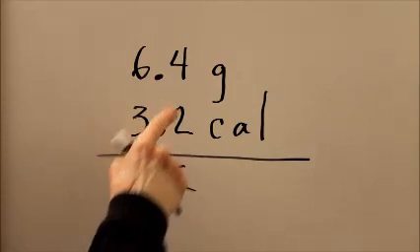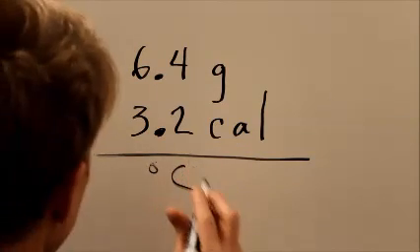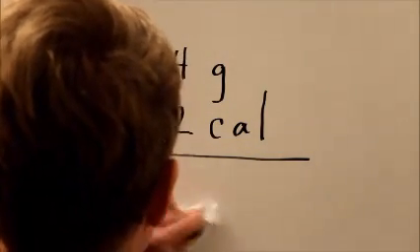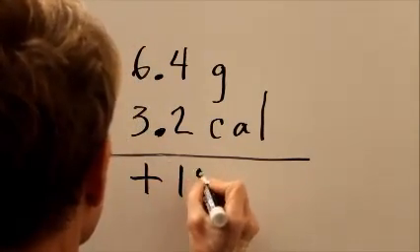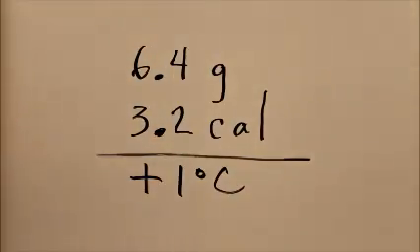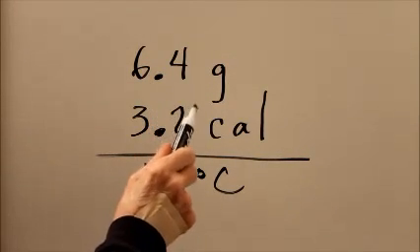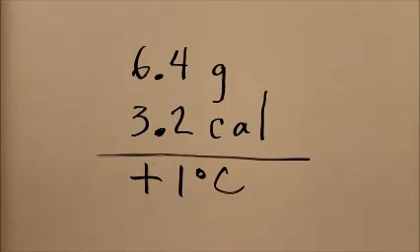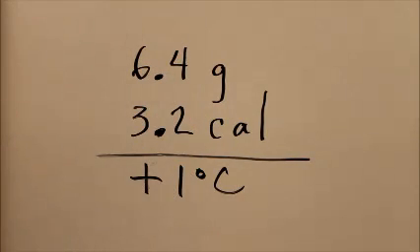So if it takes 3.2 calories to cause this sample to go up by 1 degree Celsius, if it takes 3.2 calories to make 6.4 grams of it go up that much, then it would only take 0.5 calories to make 1 gram go up by that much.